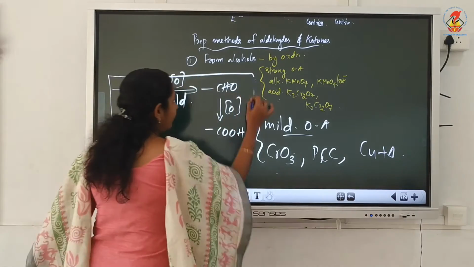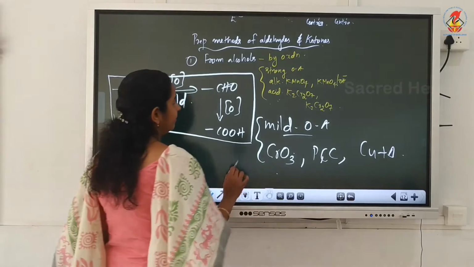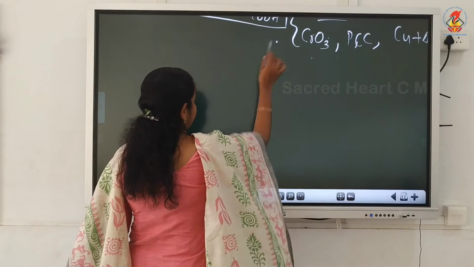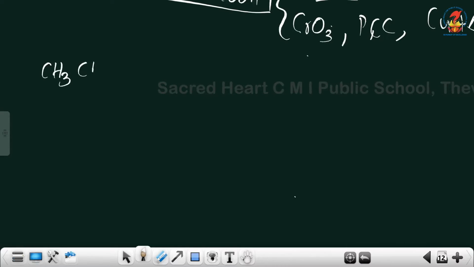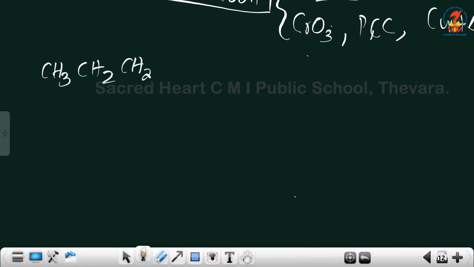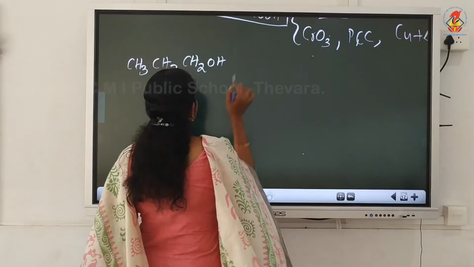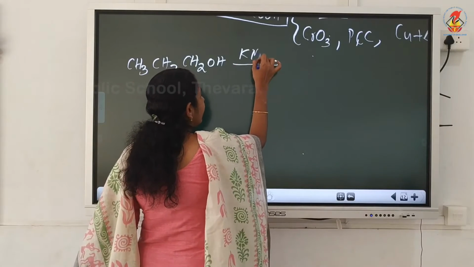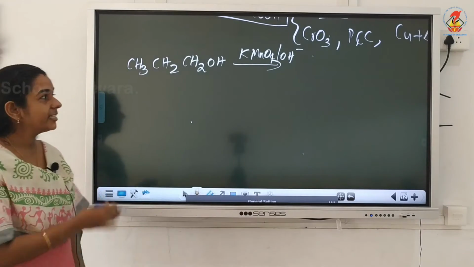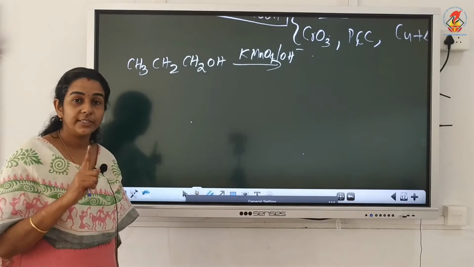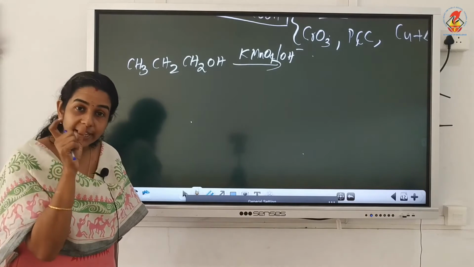So this is very important. For example, CH3CH2CH2OH. If I am oxidizing by using alkaline KMnO4, see the way of writing. If such a question comes, first in organic chemistry, you have to identify the reagent.